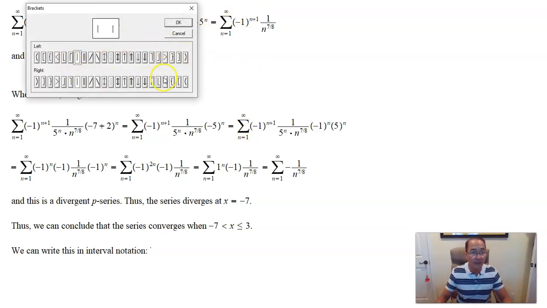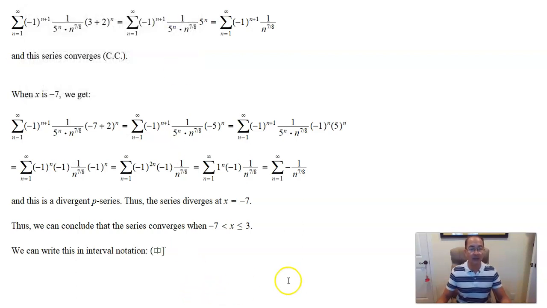Those give me my delimiters, brackets. Okay, so on the left I want an open parenthesis because I don't want to include minus 7. Sorry, minus 7, you diverge. We don't like you. Sorry. But on the right, we will put a square bracket, which is the next symbol over there. Okay, so that is our interval notation.